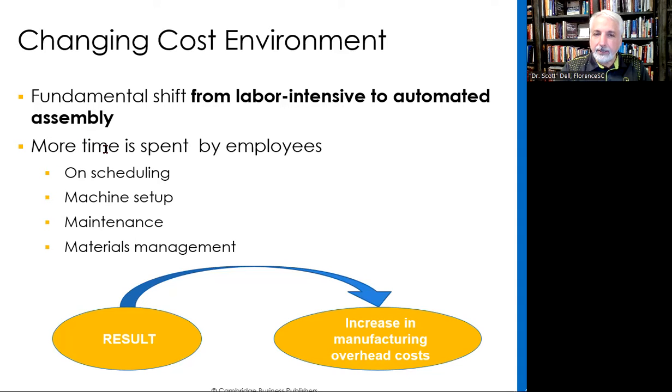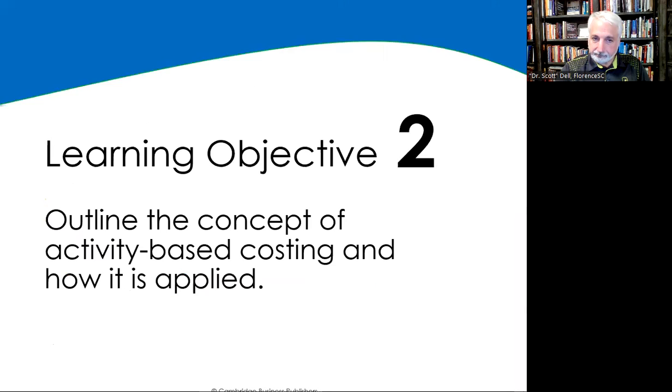The time being used by employees is going to be, instead of on the production side, a little bit more on scheduling, a little bit more on setup, maintenance, and moving materials around. So we have some different costs associated beyond the direct labor that we associated with production. In this case, these are all overhead related. These are indirect labor as opposed to direct labor costs being added.